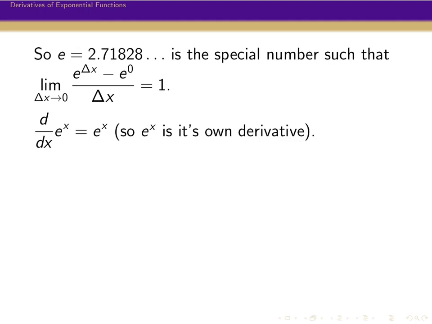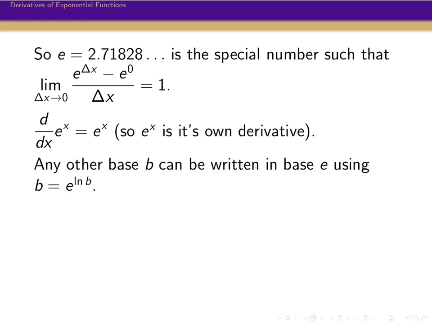And so then using the rules of exponents, we actually can write any other base, turn it into base e, using the simple rule that any other base b is going to equal e to the natural log of b. And then using this, we now can figure out the derivatives for all exponential functions.